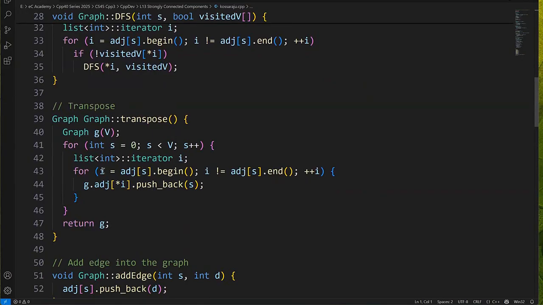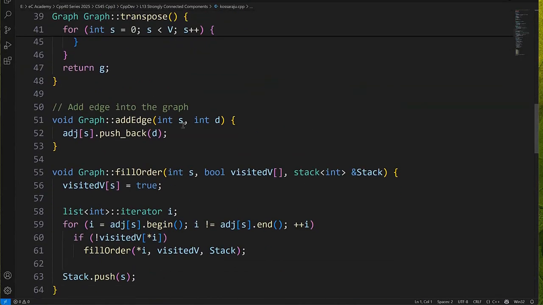You go through your adjacent nodes, and then you push back a certain node into the adjacency map. That's the reverse map. Constructing the reverse map, we call it the transpose function. Then you can add a certain edge, from your source to destination, so your source's neighbor list will push back the destination. That's adding an edge to your graph.